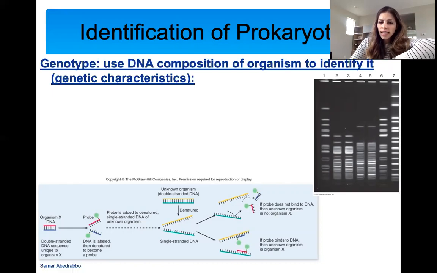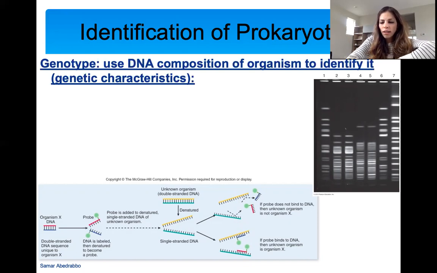You can also send off an unknown organism for sequencing. So if you've got some sample, someone has a lung infection, and maybe you didn't want to do any of the phenotypic tests, you didn't want to do the microscope work, grow it on an agar plate, or do metabolic testing, you can just send it off for DNA sequencing, and that's looking at genotypic characteristics.